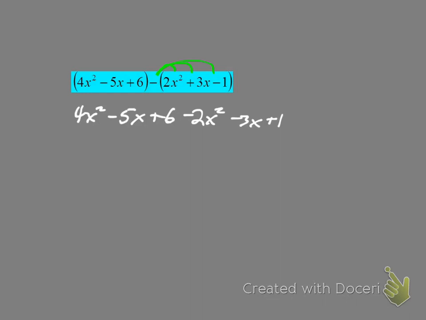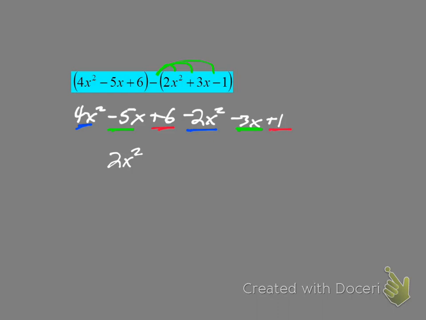So this time, we have x squared to look for, so they're right here, right here. We got x's again, here, and here. And we have just the numbers, there and there. So 4x squared minus 2x squared is 2. Bring the x squareds along.